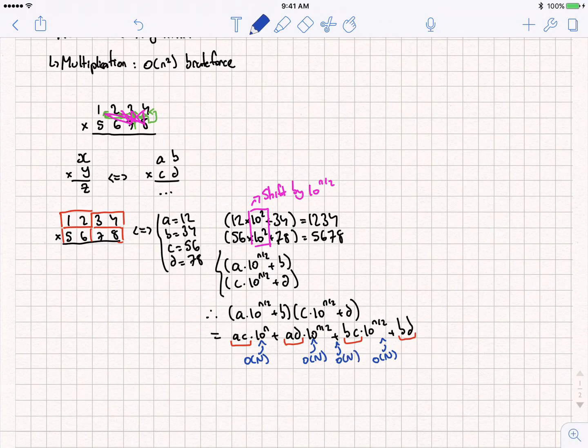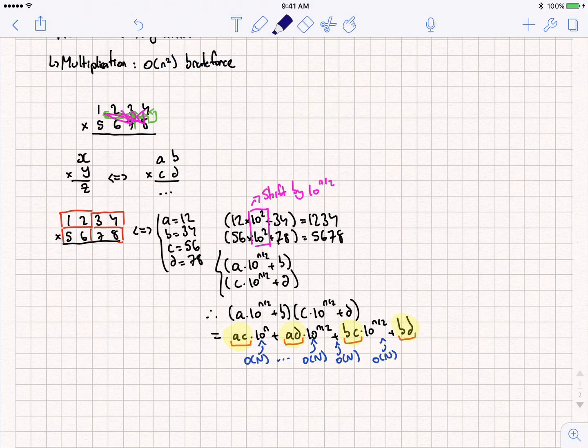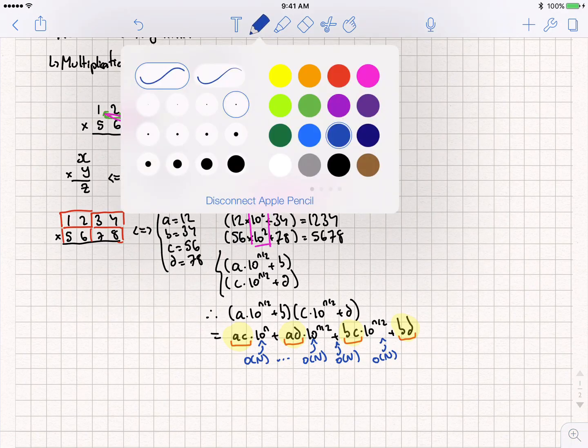So essentially we are reducing this problem into these smaller cases, and we're doing multiplication again. So obviously, as you can see, this motivates our recursive relation. So we have T of n. Let's change my color.